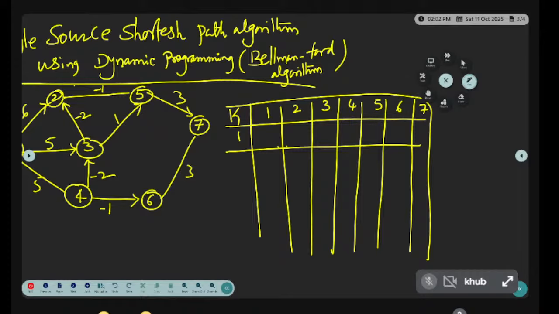If the value is 2, you consider 2 edges, then 3 edges, 4 edges, 5 edges, 6 edges and so on. With only one edge from P to Q, P is one node and Q is one node. Between these two, we consider only one edge.